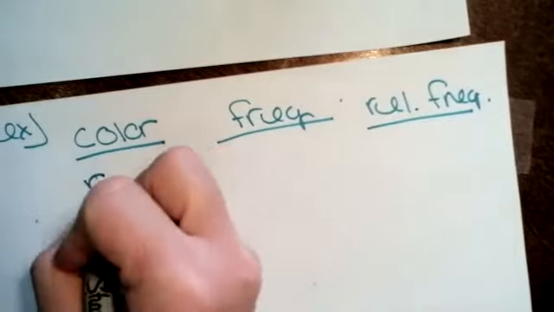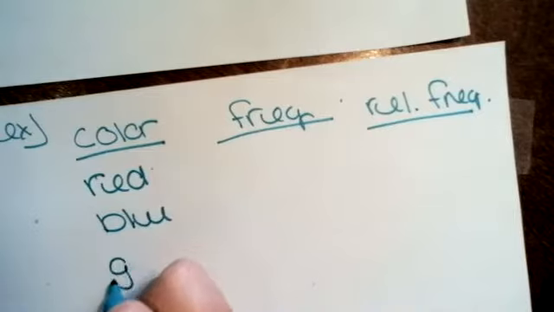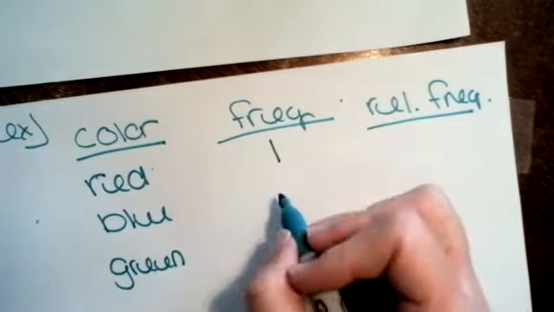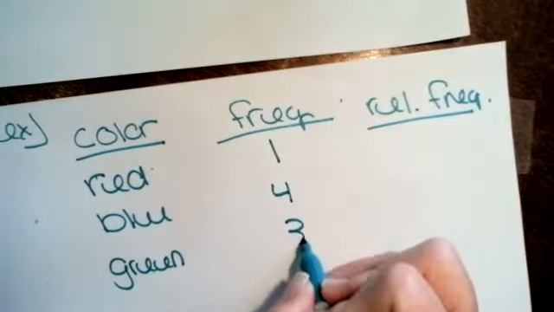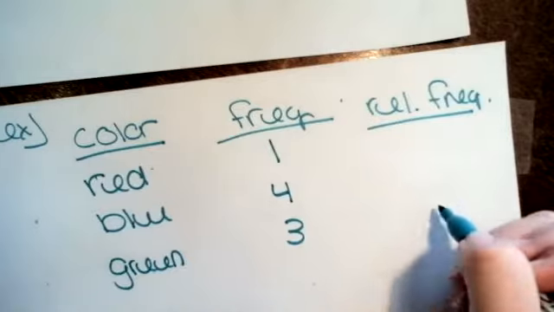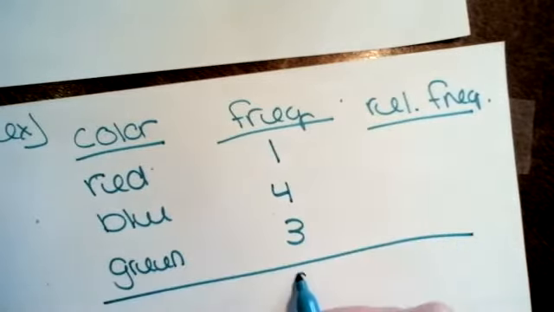So maybe the different colors, we have red, blue, and green. So maybe you have one person wearing red, 4 wearing blue, 3 wearing green. And my relative frequency is going to depend on the total. So what I'm going to do is I'm just going to total this up. So I have 8 here.